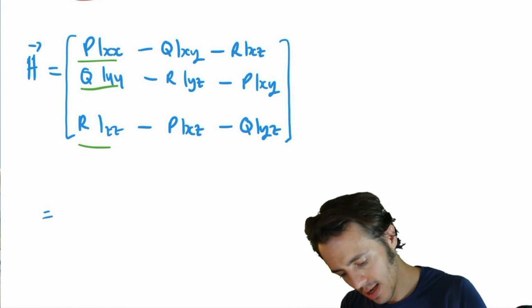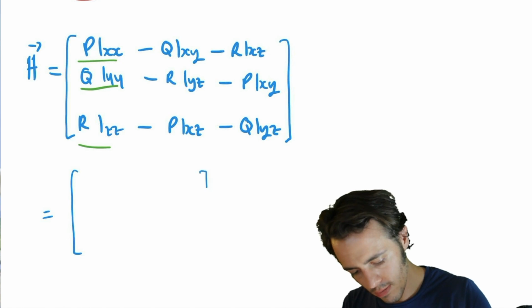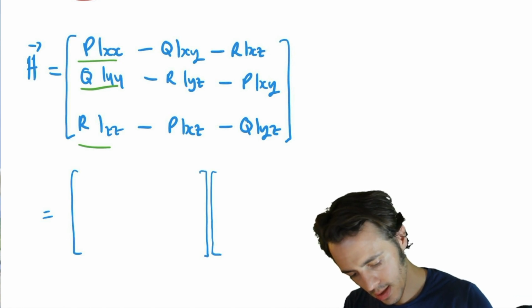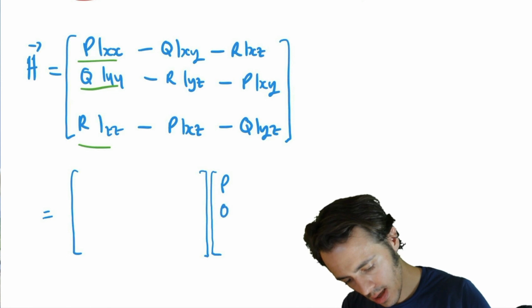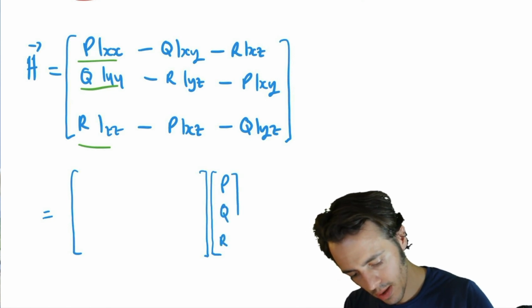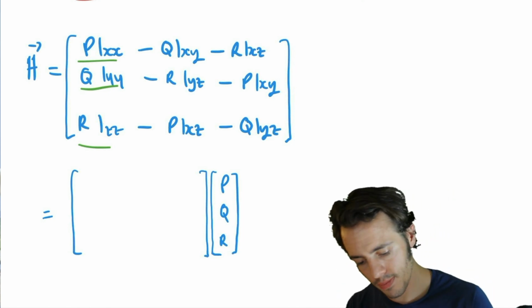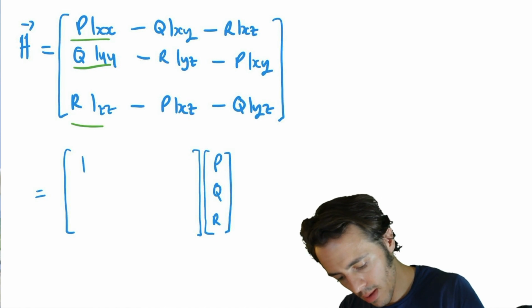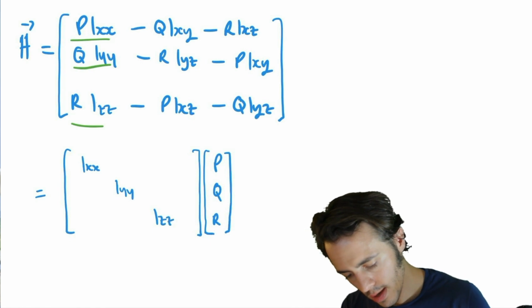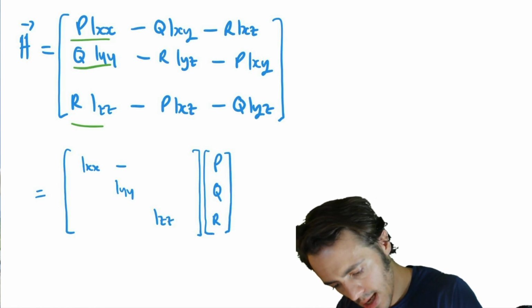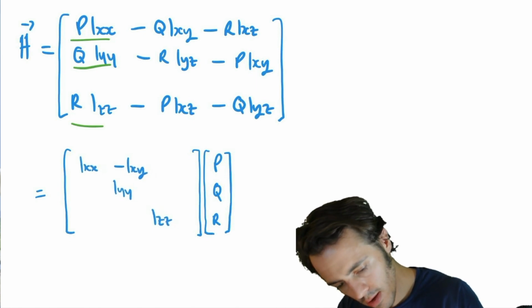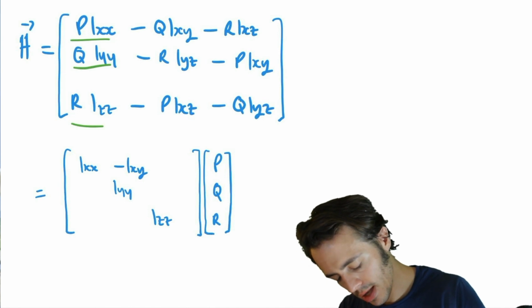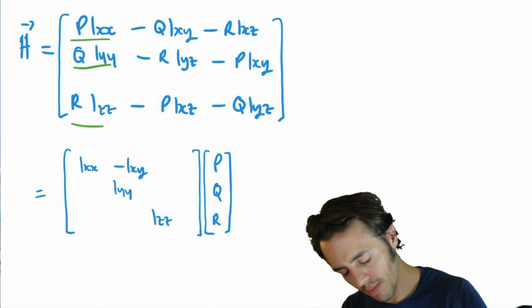Okay, so I could then write this as P, Q, and R. That'll be handy because that's just our rotation vector, or sorry, our body rate vector. So I know that my diagonal terms are going to be Ixx, Iyy, Izz. So I'm going to have up here minus Ixy. Let's make better use of this large matrix space that I've drawn there.